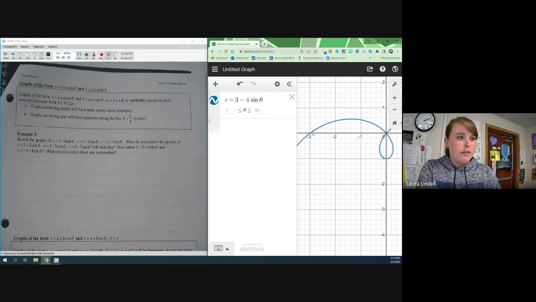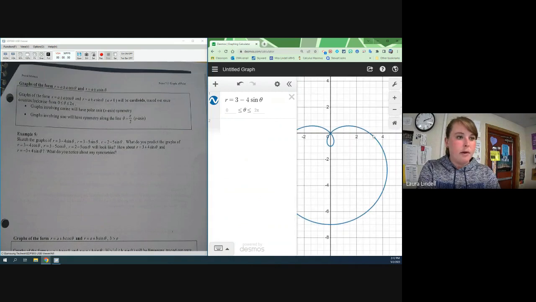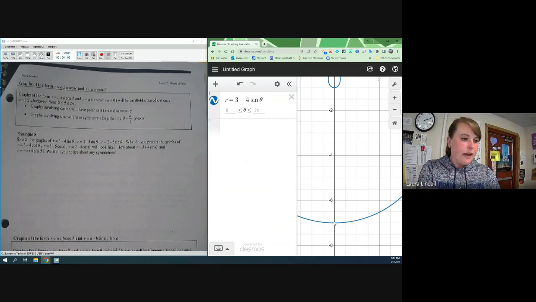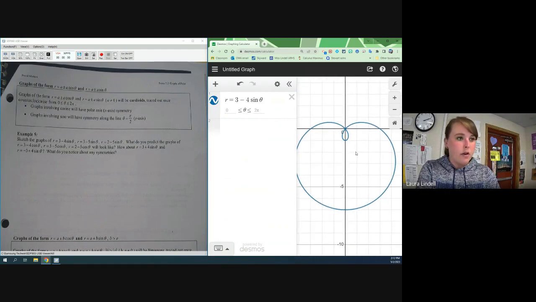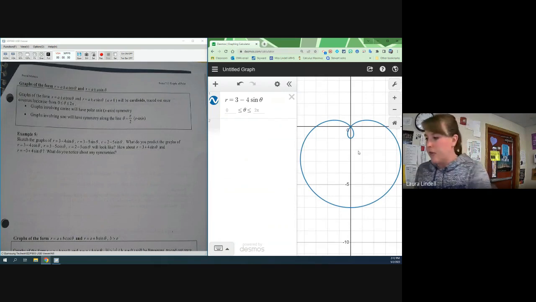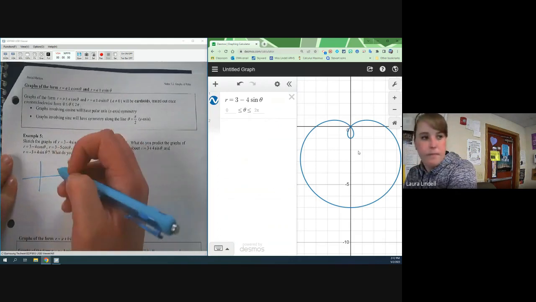It crosses here at negative 3, and over here it crosses at positive 3. And then down here looks like we cross negative 7. So those are all important things to notice here. Let's go ahead and sketch the graph of our first one, 3 minus 4 sine theta.